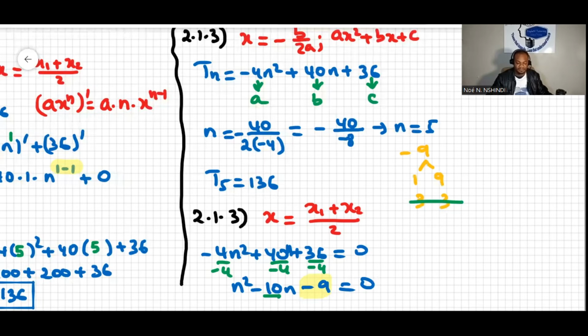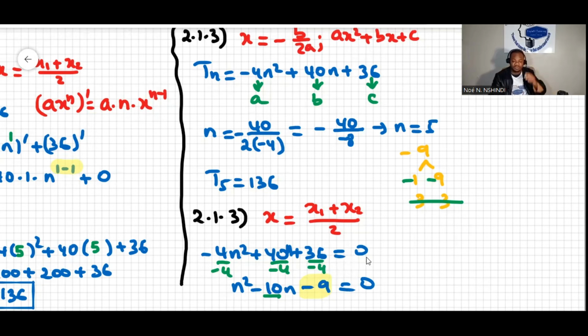If it was negative, it's going to be -1, but I cannot say -9 here, because -1 -9 of course makes -10, but -1 times -9 makes +9, but we have -9 there. So this equation is not factorizable.